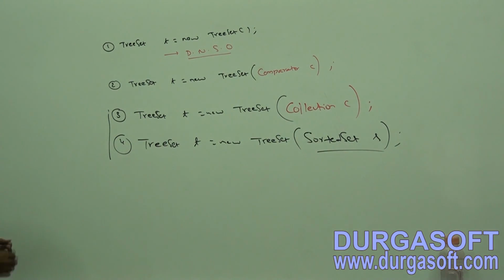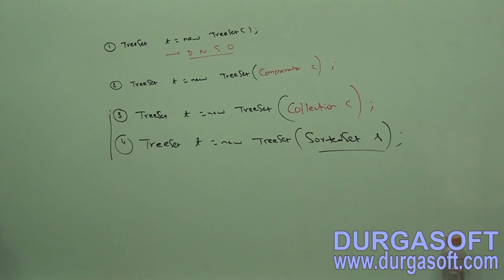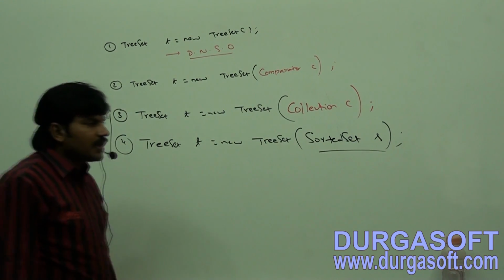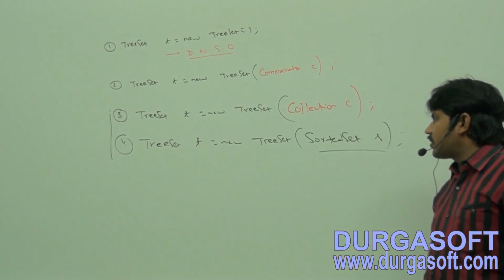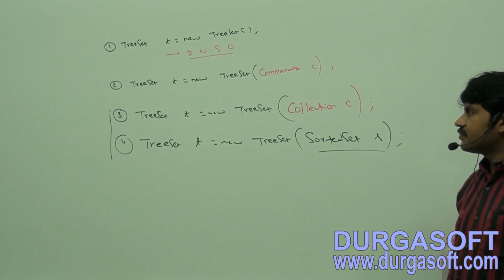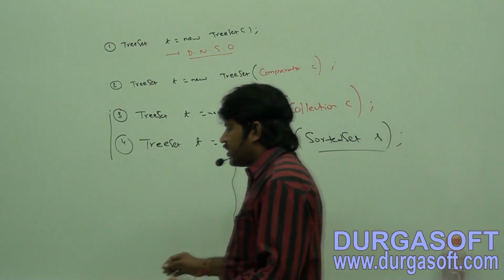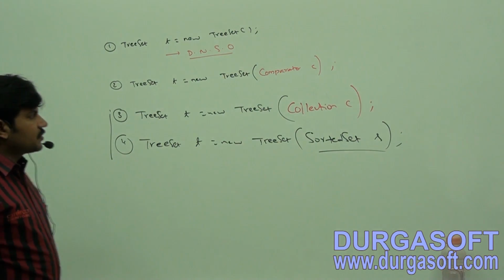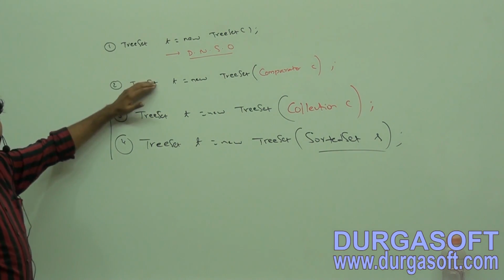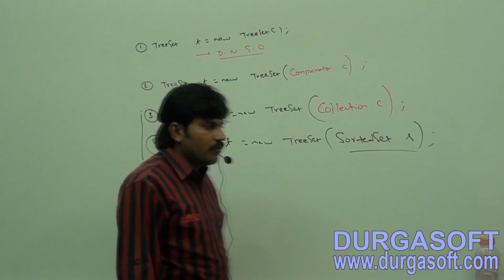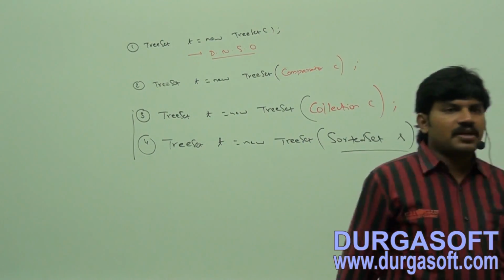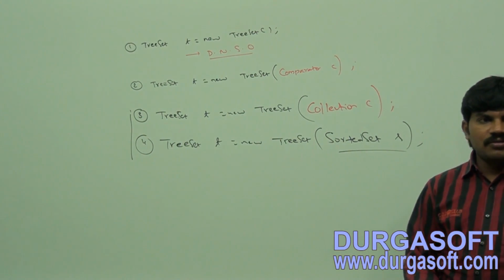Next, TreeSet t = new TreeSet(SortedSet s). So in total how many constructors are there? Four constructors we have. It is not required to give much explanation about this terminology, right?